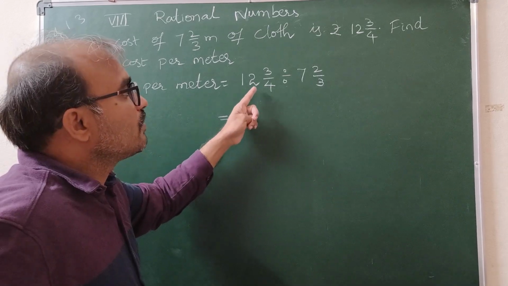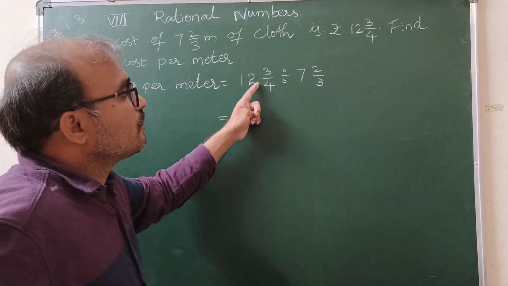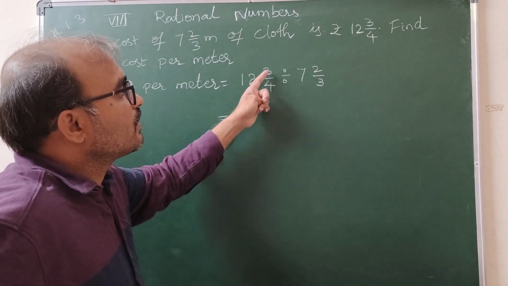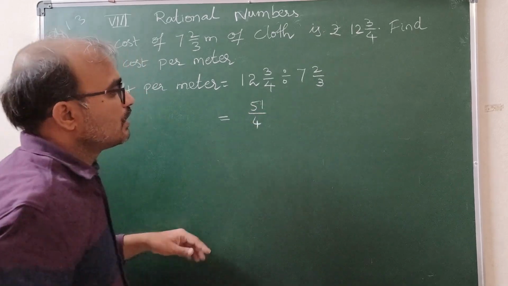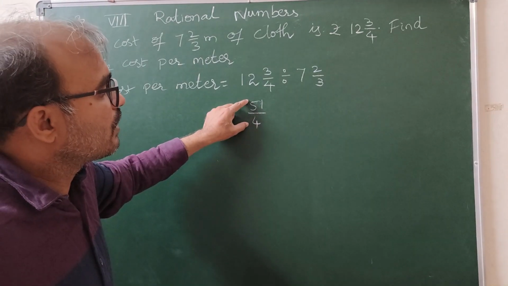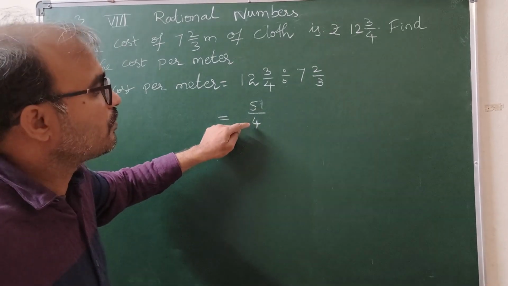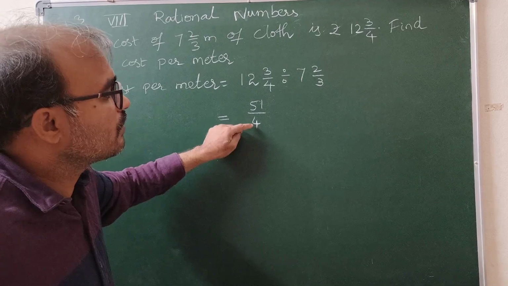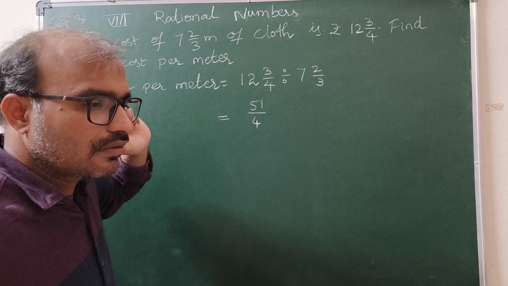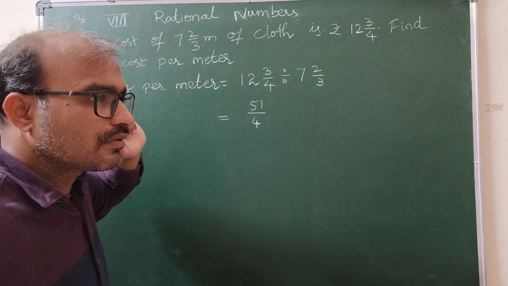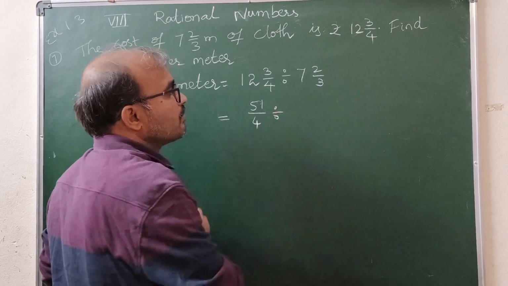So you multiply these two to get the improper fraction: 12 fours are 48, 48 plus 3, 51 by 4. Here one whole is made into 4 parts, that's why it is the fourth part, right? So here also you write divided by as it is.